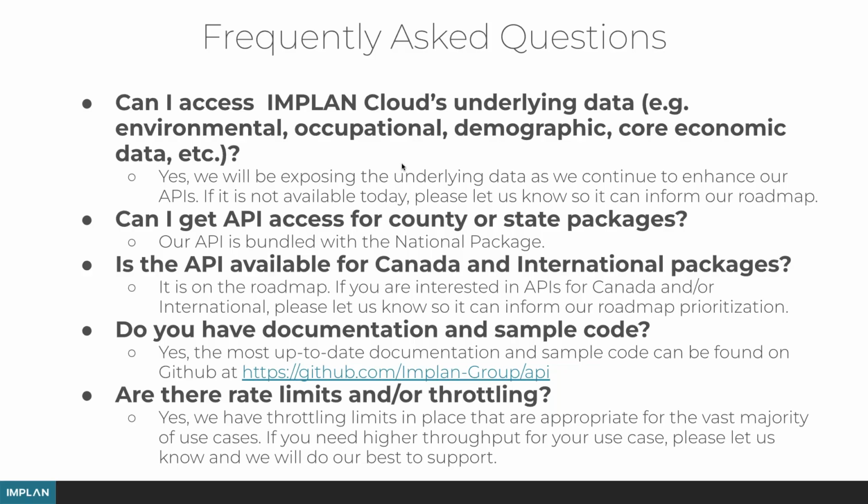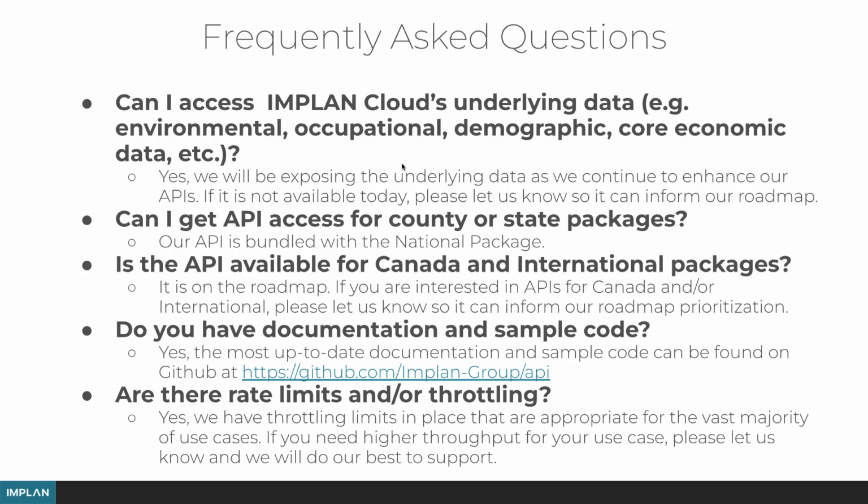If you go to this URL, which is also up on our API webpage, implan.com/API, you can see the Postman collection, the project for Postman that Eric just went through, as well as the documentation for both the batch and impact API. And by the end of the week, we'll have the Google spreadsheet and API code up there as well.